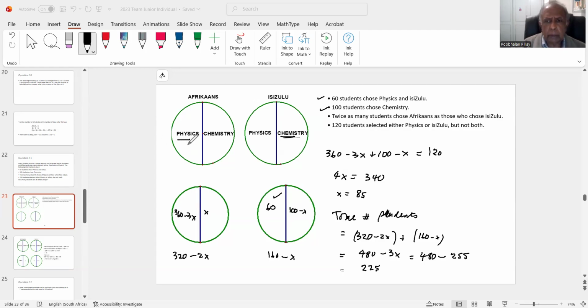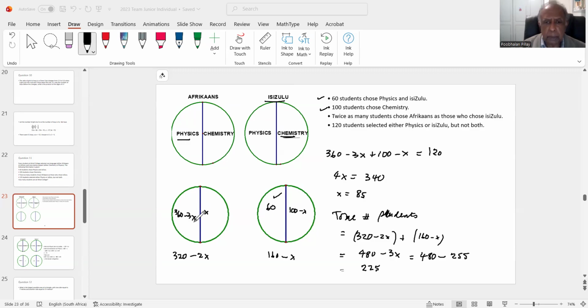So I think you're going to have either physics or isiZulu. I think you really had to add physics, the total number here and the total number here, but not both. All right, so that's right. Physics and isiZulu, but you're not allowed to be here. So it's physics plus chemistry.